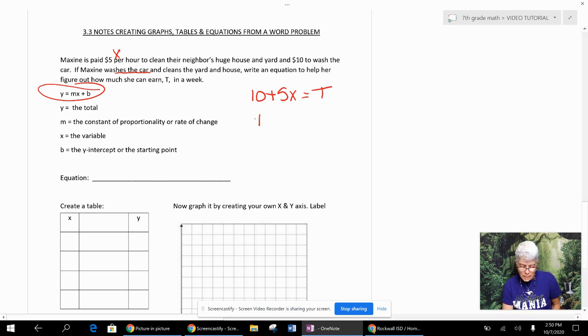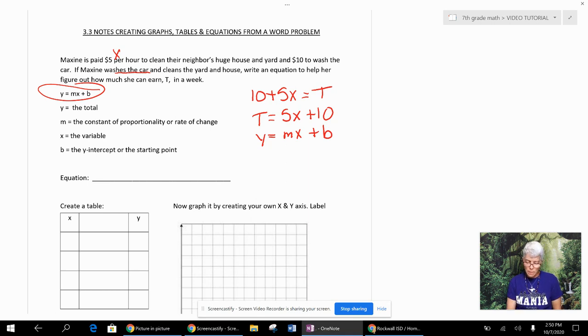I could say T equals 5 times the number of hours plus 10, and if I did so, it looks more like this formula. If you don't write it in the order, we'll still come out with the same answer, but this does give me an opportunity to help you understand some of the parts of this equation.